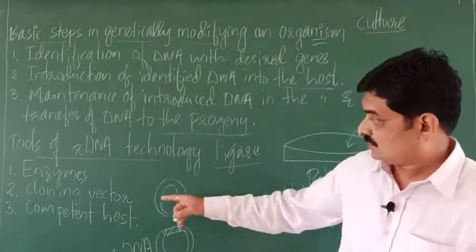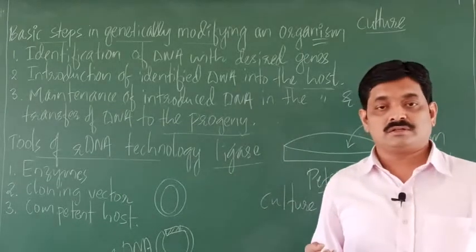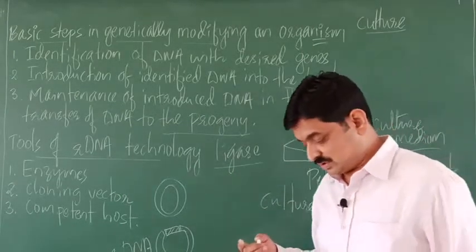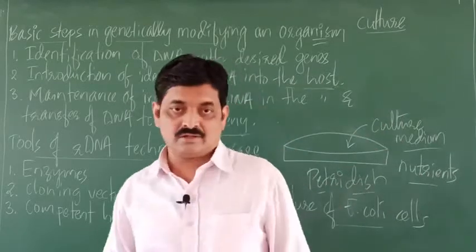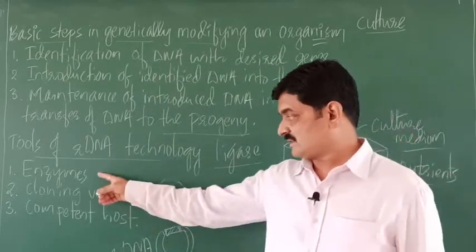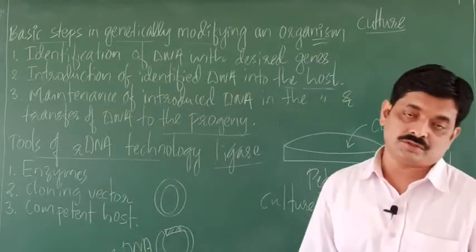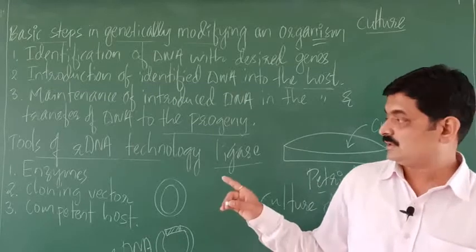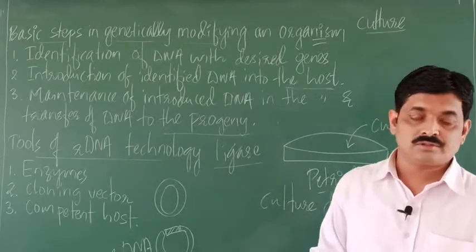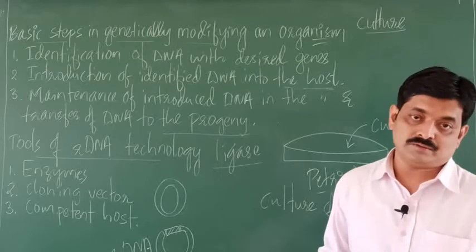Next, we shall consider the tools of recombinant DNA technology. What are the tools that you require in recombinant DNA technology? The tools are enzymes, cloning vectors and competent host.